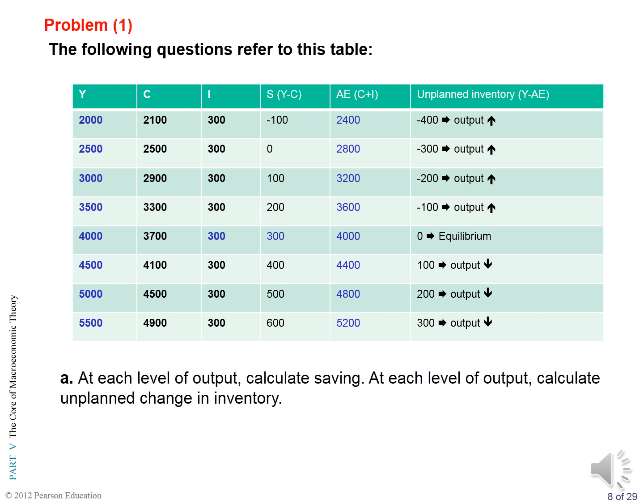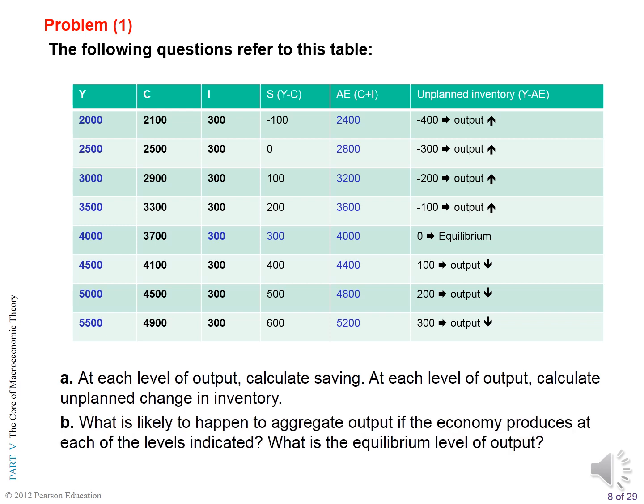Output will increase, then equilibrium, then after that we will find that aggregate output is more than aggregate expenditure. يبقى there is an increase in level of inventory. This will induce firms to decrease output. Okay, فهمنا؟ easy.